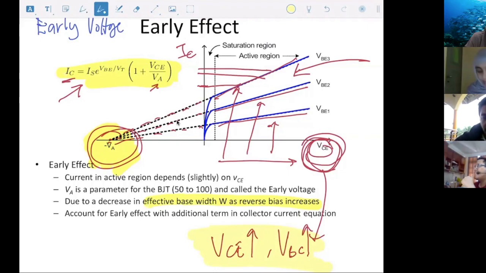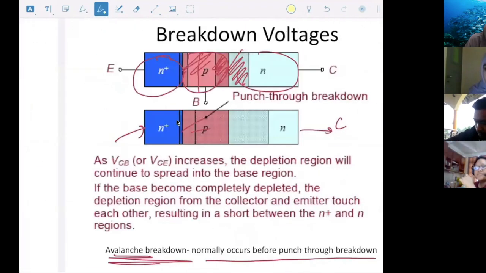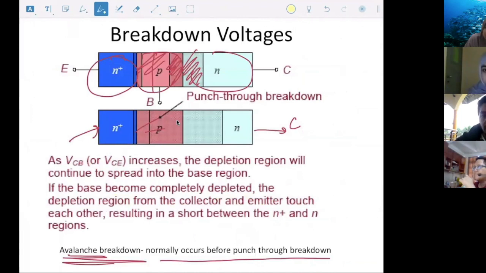Okay, good. So, breakdown voltage we covered in the last class. The BJT also experiences breakdown voltage because it's just two PN junctions back to back. If a PN junction experiences breakdown, the BJT also experiences breakdown.